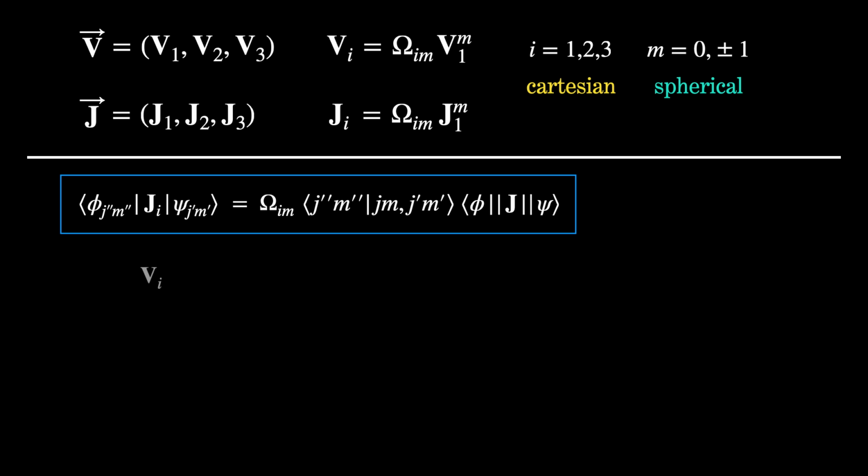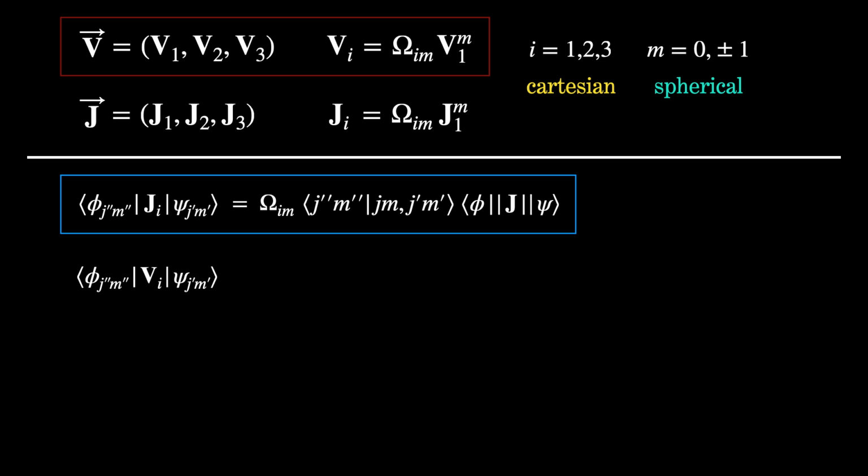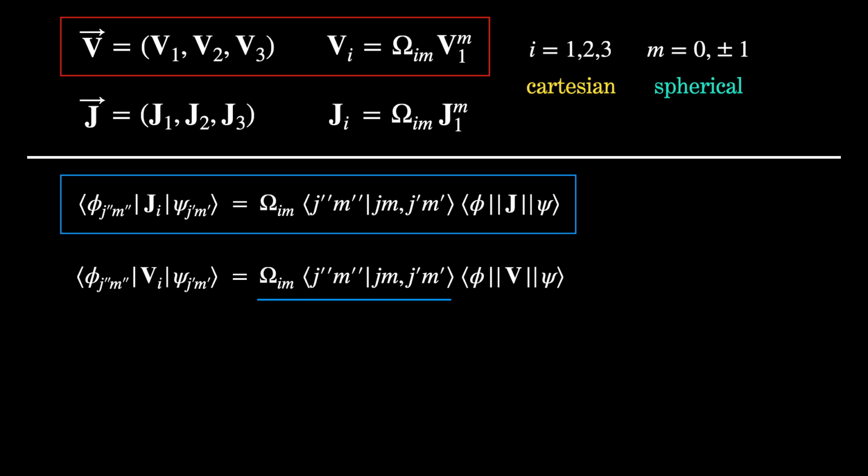Next, we look at the matrix element of V_i, which is the Cartesian component of an arbitrary vector operator. In exactly the same steps as before, we can express this in terms of the spherical components, then apply the Wigner-Eckart theorem.